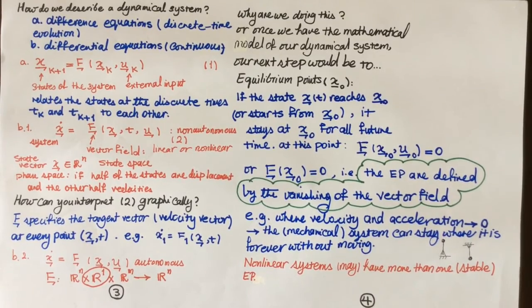So if you think about it physically, you understand from basic physics that the only force acting on this pendulum is gravity. And as long as this gravity does not create an external moment, this pendulum is going to stay where it is. But let's see what happens in this case.